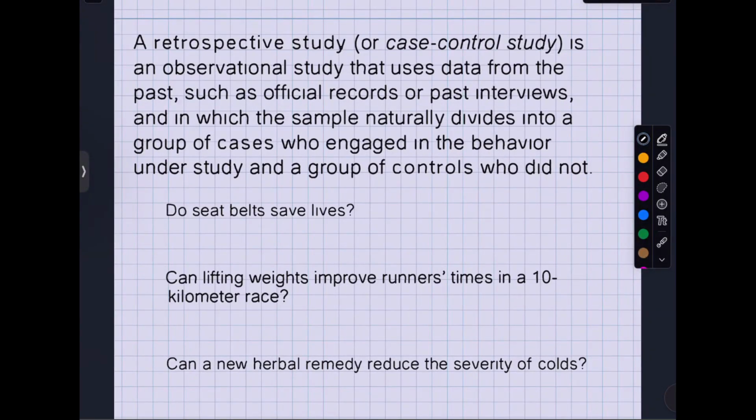Retrospective study, such as official records or past interviews, and in which the sample naturally divides into a group of cases who engaged in the behavior under study and a group of controls who did not.